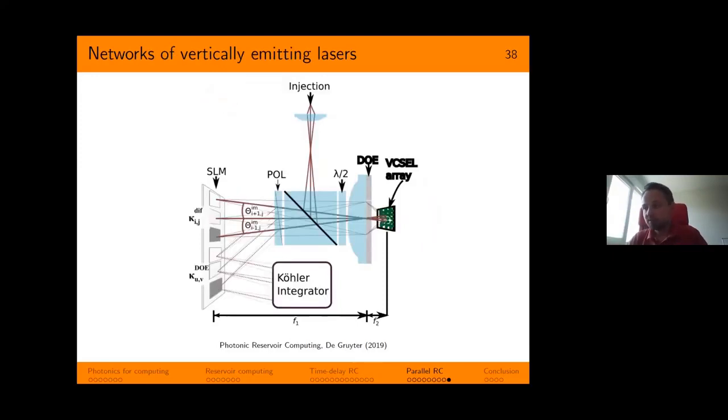And to go even further, one could replace the SLM by another optical device, such as the laser, again, or in this case, an array of lasers, distributed spatially, which have a richer and faster dynamics to create reservoirs with more computational power.